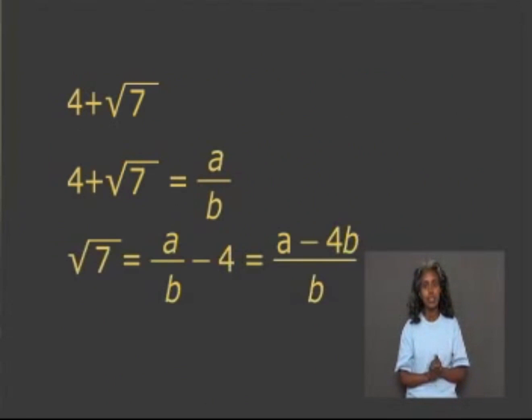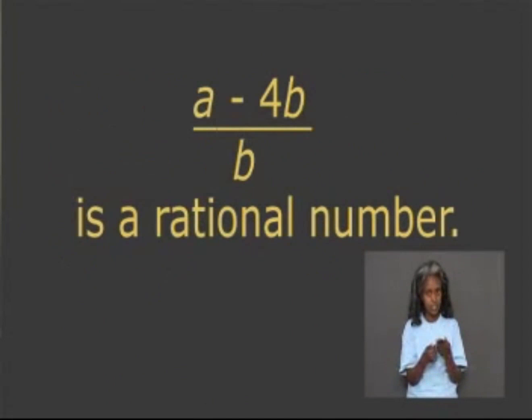The root of 7 equals a over b minus 4, or a minus 4b over b. Since a minus 4b and b are integers, then this fraction is a rational number.